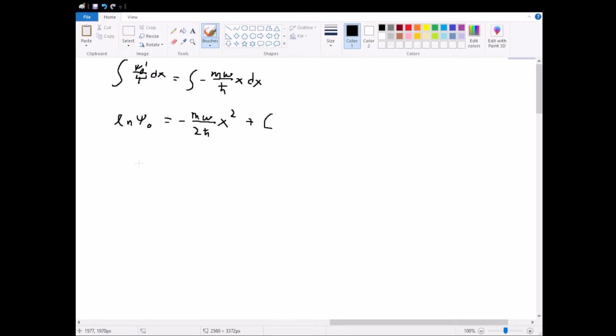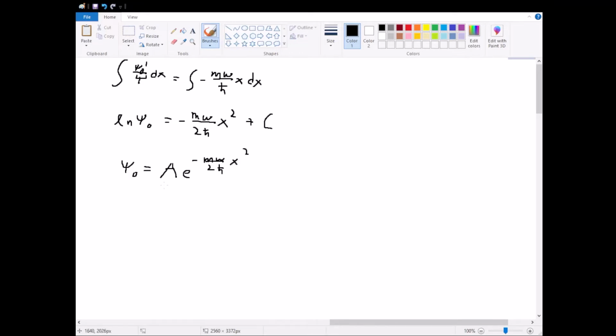Solving this by exponentiation, psi naught equals the constant at the front, which we're going to turn into an a, times e to the negative m omega over 2 h bar times x squared.